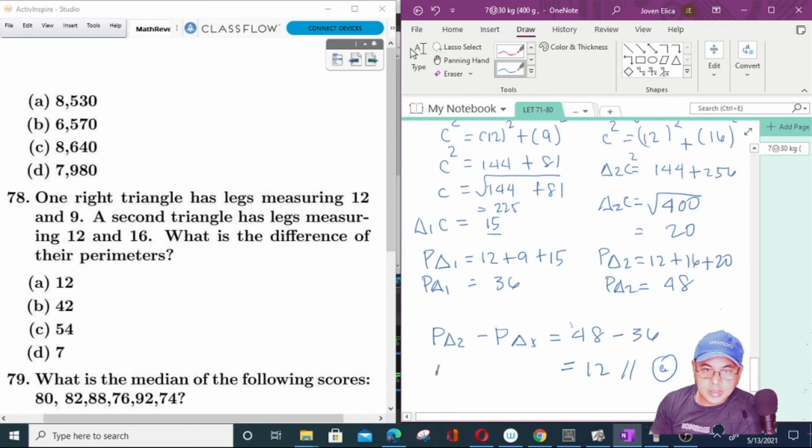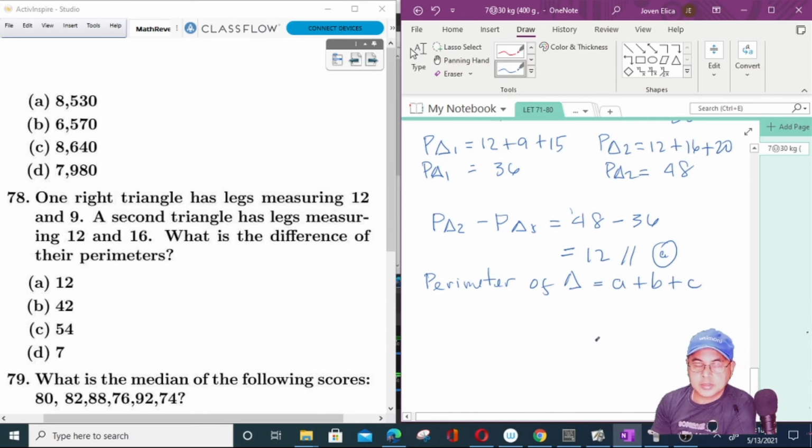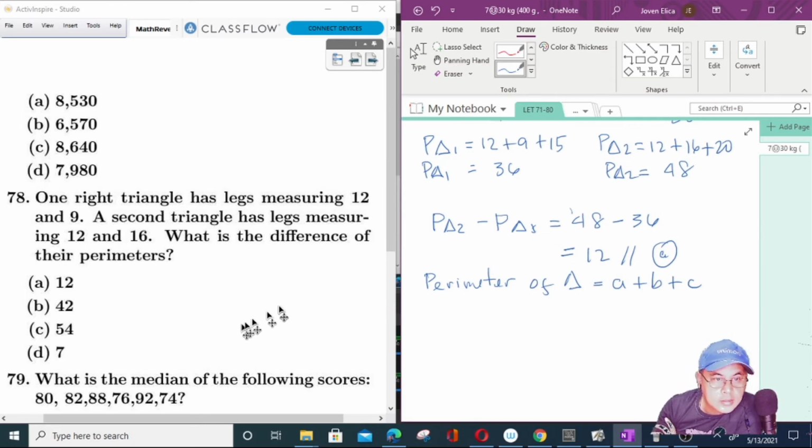The perimeter of any triangle is a plus b plus c. Just get the total, the sum of their sides. Okay.